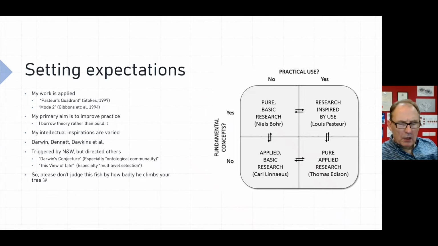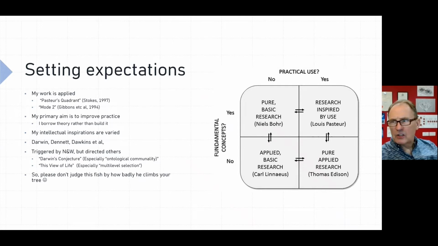But my work in applying it to business strategy and business models in the pharmaceutical industry was triggered by Nelson and Winter, as I'm sure you'd expect, but it was steered very heavily by the book Darwin's Conjecture that we're all familiar with, and this book, This View of Life. I'm particularly interested in these concepts of ontological communality and multi-level selection.